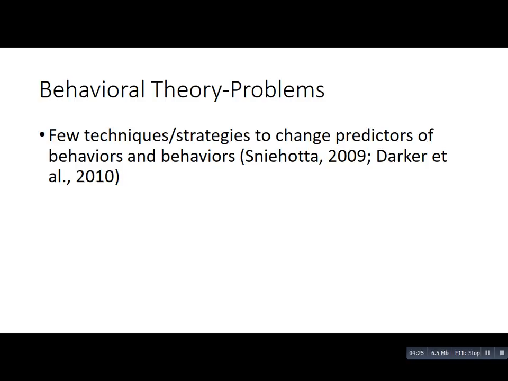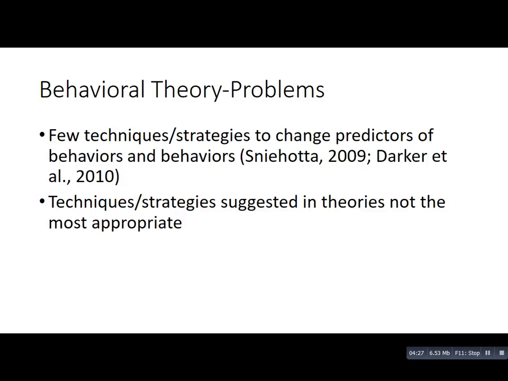Another problem when we only use behavior theory to design interventions is that although some theories say, for example in the social cognitive theory, that you need to use modeling, maybe these techniques are not the most appropriate to use.